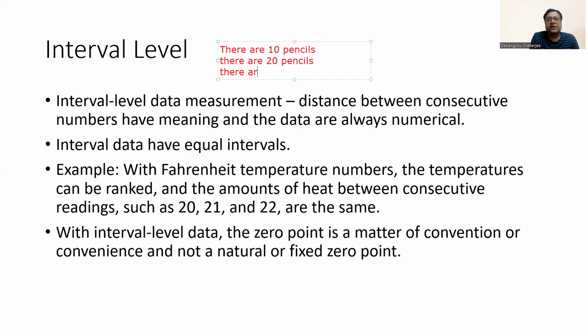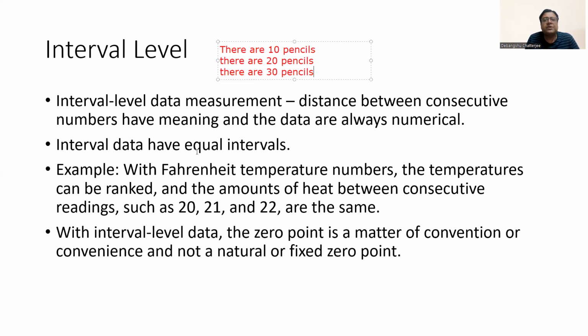There are 30 pencils. So these 10, 20, 30 are all numeric data, and the difference between 10 and 20 has some meaning, that there are 10 pencils more in 20 than in 10. There are 10 pencils more in 30 than in 20.